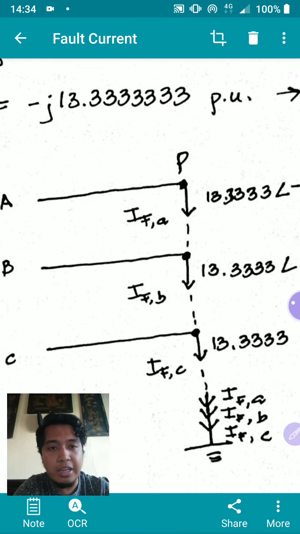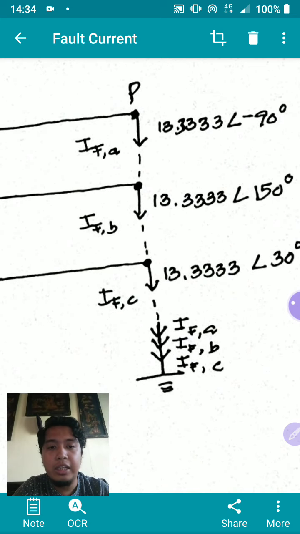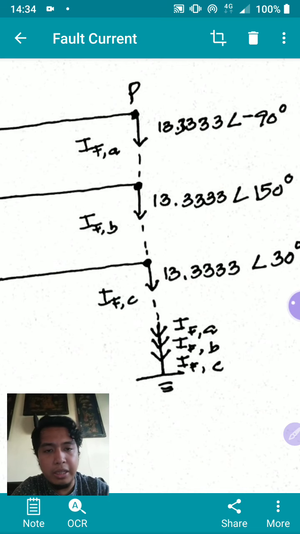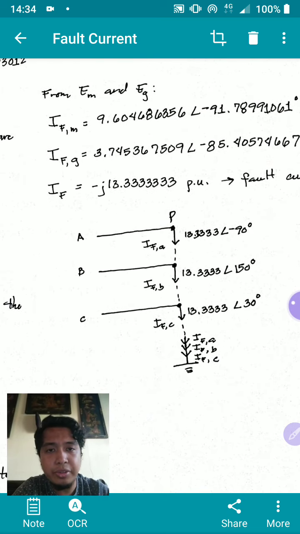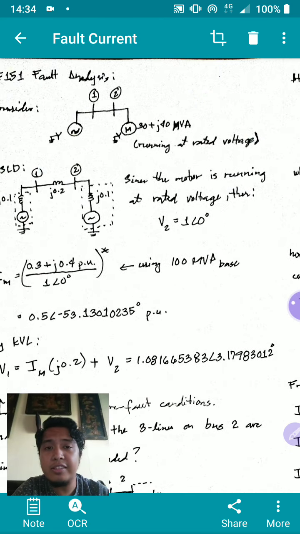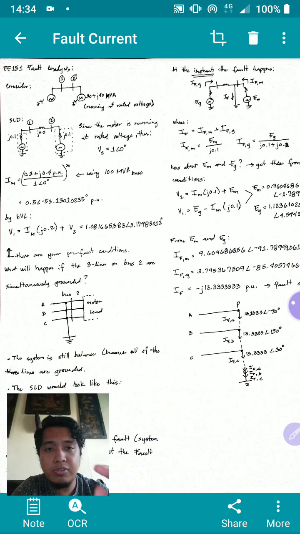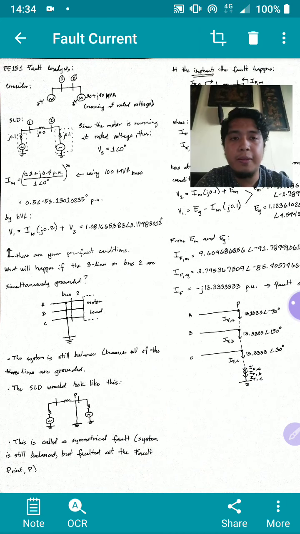So you have IFA as 13.33 angle negative 90, IFB as angle 150, IFC as angle 30, and all of them go to ground, and they basically add up to 0, and those are your fault currents. So this is basically your fault analysis. You have a 3-phase fault here occurring at bus 2.